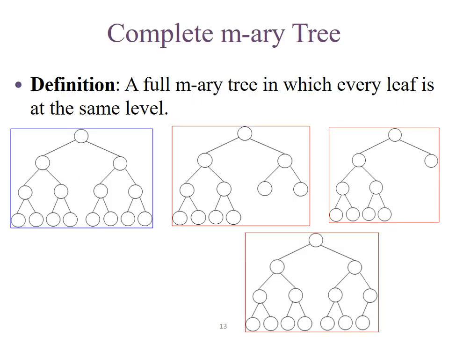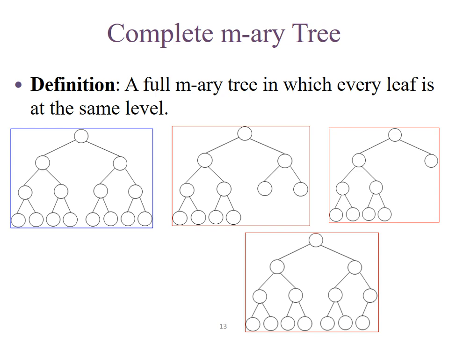Okay, next let's see another definition of M-ary tree: complete M-ary tree. It is a full M-ary tree in which every leaf is at the same level. Do we have the definition for the level of the tree?